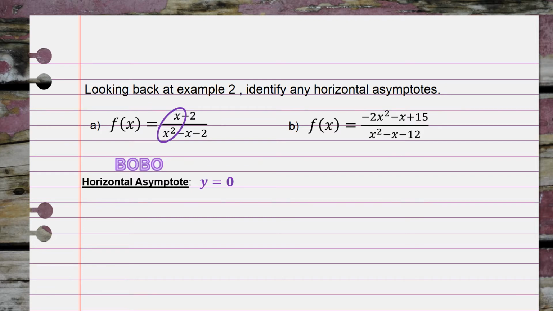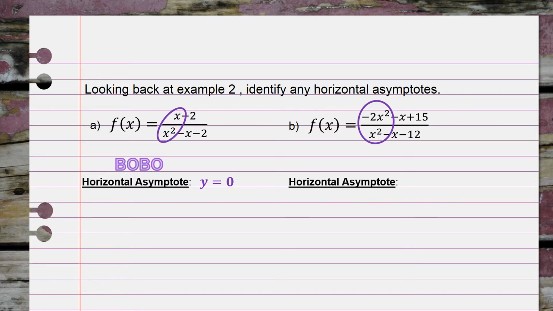For b, we had the function f of x equals negative 2x squared minus x plus 15 all over x squared minus x minus 12. Again, we're looking to identify the horizontal asymptote, so we look only at the leading terms, the highest degrees, which means we focus in on negative 2x squared over x squared.